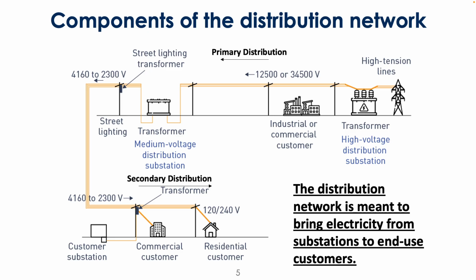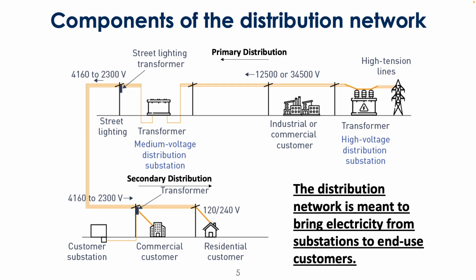It's not always the case that you'll be dropping down to here, but generally we will have our secondary distribution where we will go down to the lower voltages that we're used to at the end use. Okay, and so 120, 240, 480, these are common voltages at the customer level.